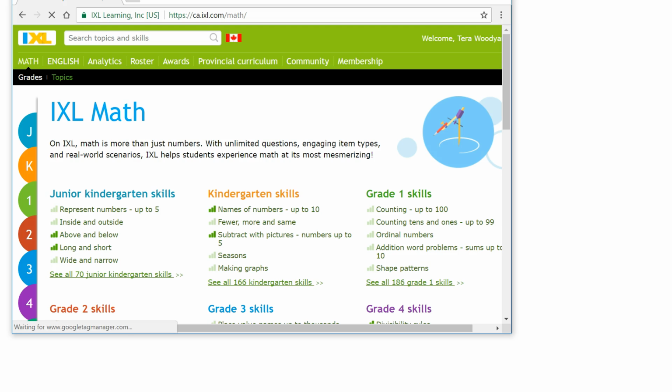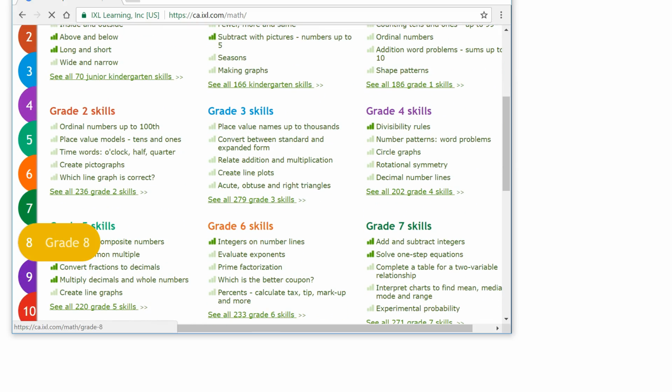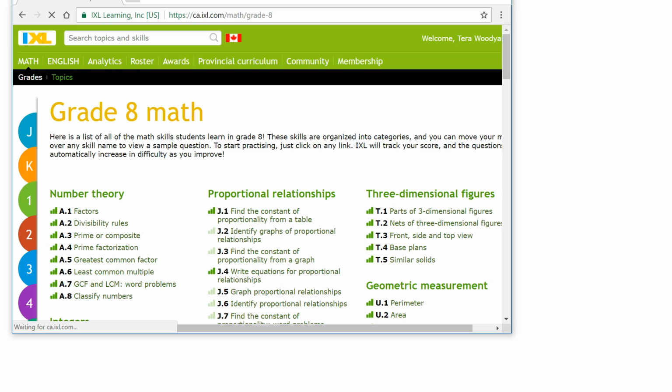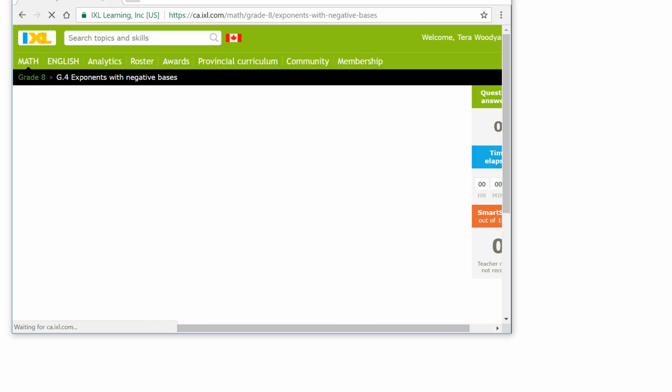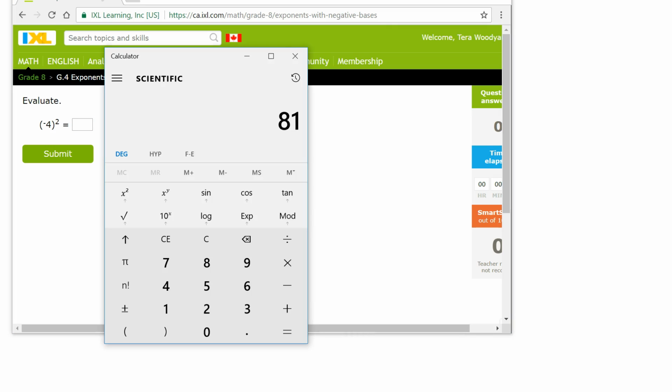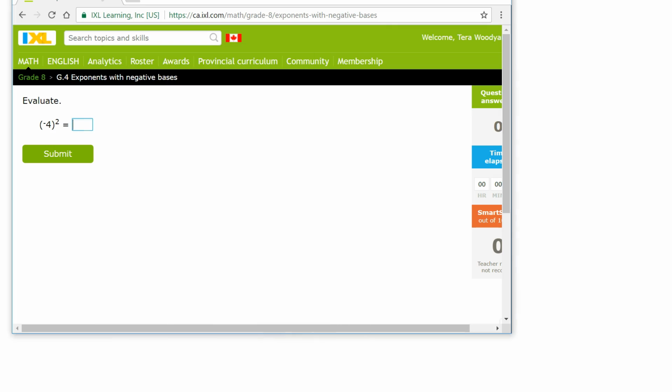The next one that I assigned was in grade 8, and it was G4. So negative 4 to the power of 2. Now before I go all crazy and bring up my calculator, let's see if I can do this on a sheet of paper. Negative 4 to the power of 2.